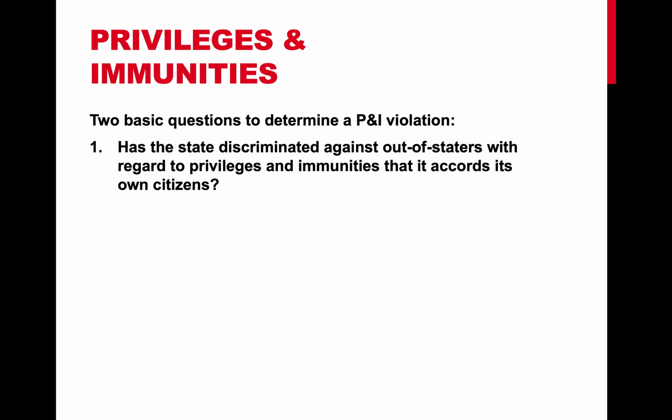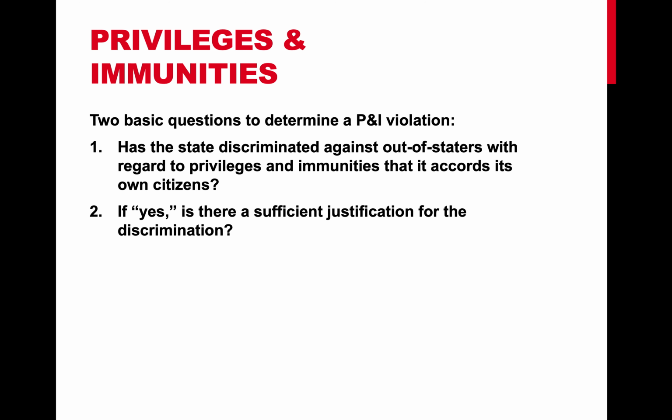In other words, is there disparate, uneven treatment? Is a state's own citizens getting some special right that an out-of-stater is not getting? And if the answer to that question is yes, the question becomes, is there a sufficient justification for the discrimination?